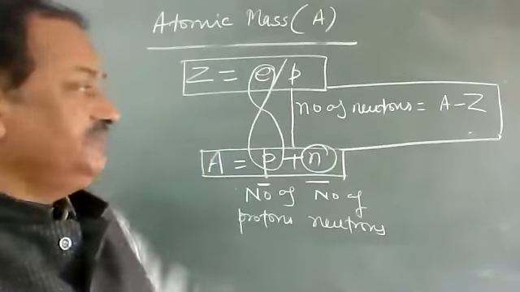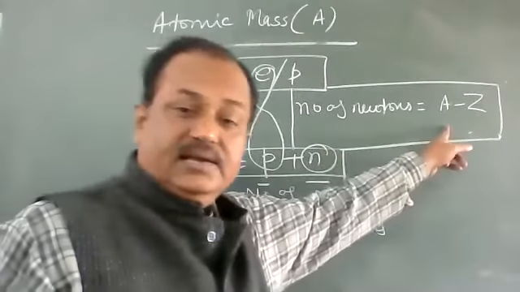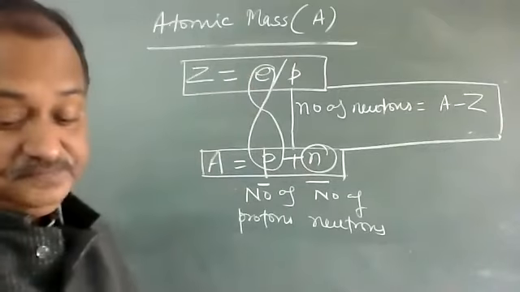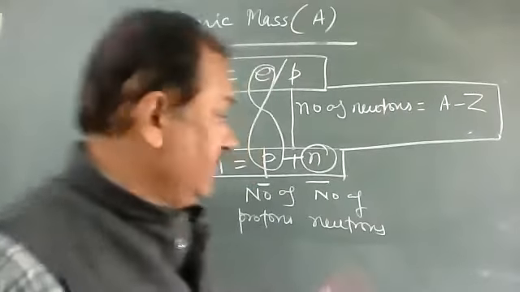The number of neutrons is atomic weight minus atomic number. This is very important.